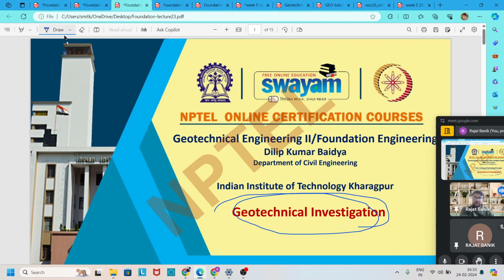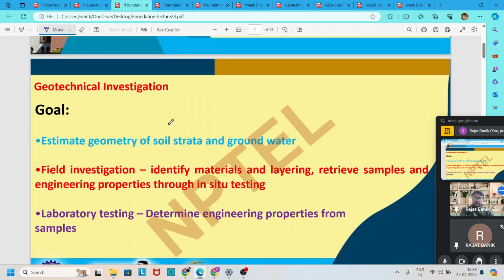In this, we have to first set some goals for why we want this geotechnical investigation, or you can say soil investigation. Our goal is to estimate the geometry of soil strata and to find out the groundwater table.